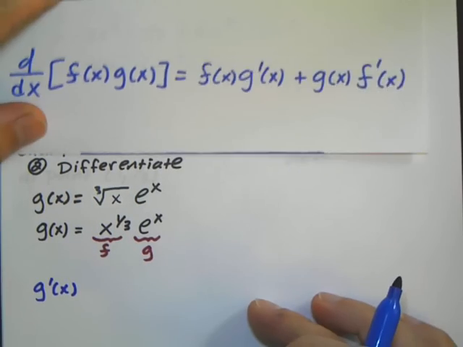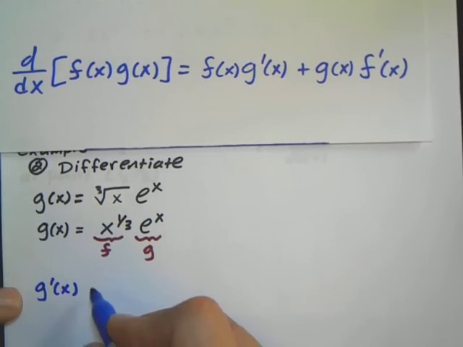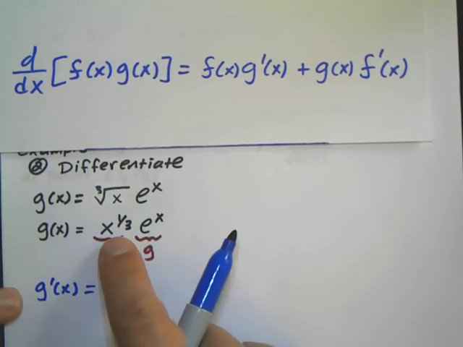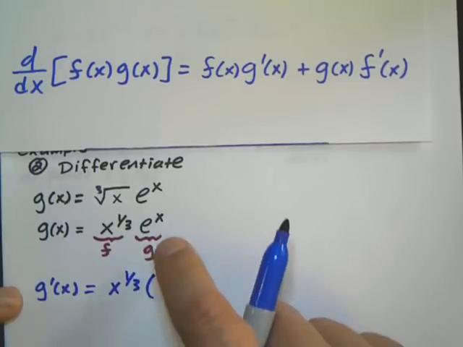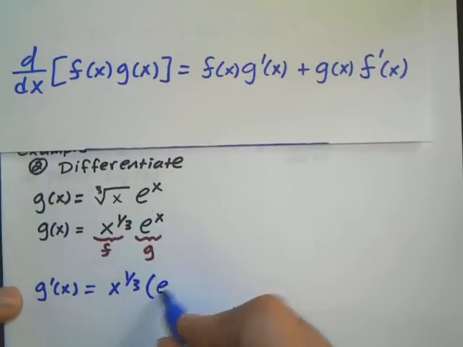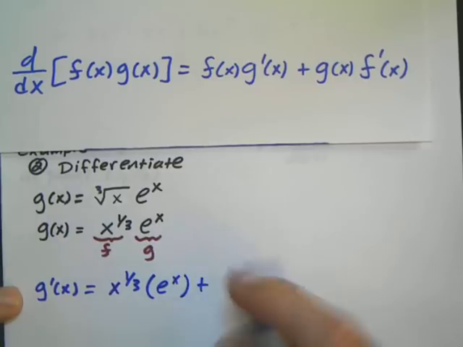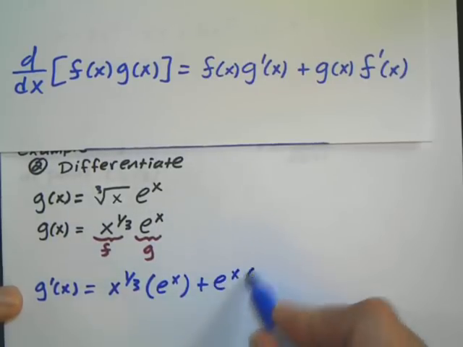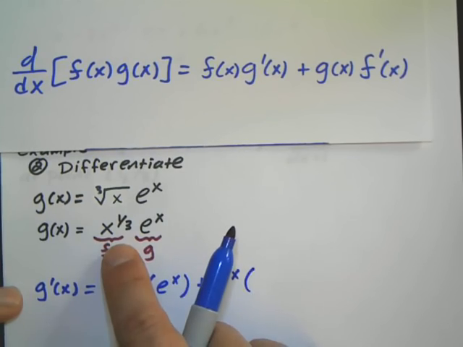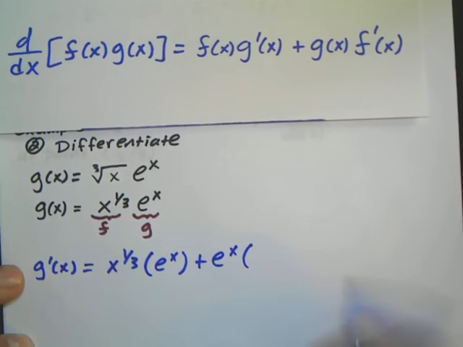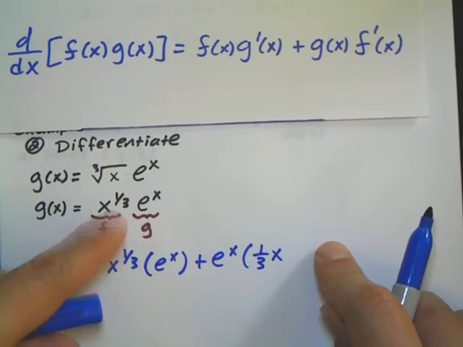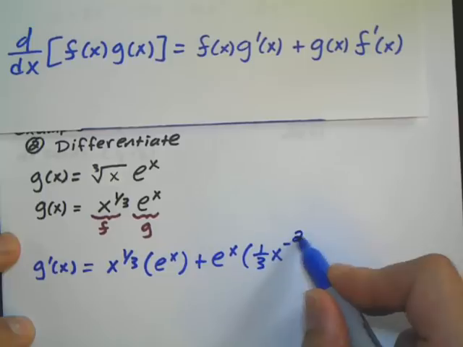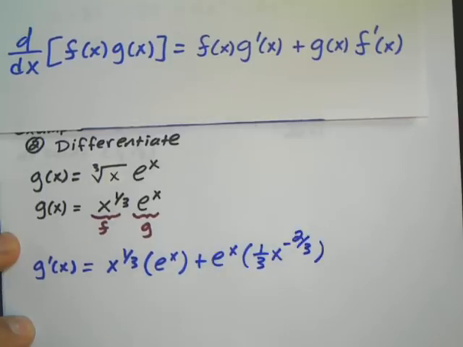And now I can say that the derivative is going to equal, following the product rule, keep x to the 1/3 the same, so it's going to be x to the 1/3. The derivative of e to the x is itself, e to the x, plus g stays the same, so e to the x. And the derivative now of this, using the power rule, is going to be 1/3. Subtract the power by 1, so it's going to be minus 2/3.